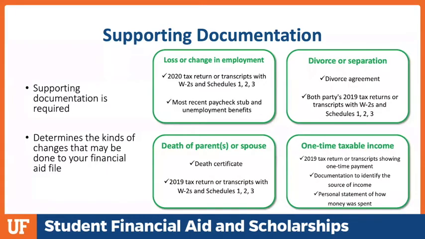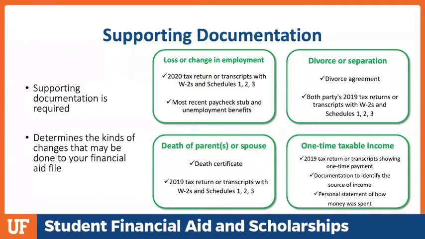Some of the supporting documentation that we can take, and these are just examples of some of the supporting documentation that we have for certain extenuating circumstances, would include, for instance, if you have a loss or change in employment. We would want to collect your 2020 tax return or tax transcripts with W-2s and schedules 1, 2, and 3, or most recent paycheck stubs and unemployment benefits.